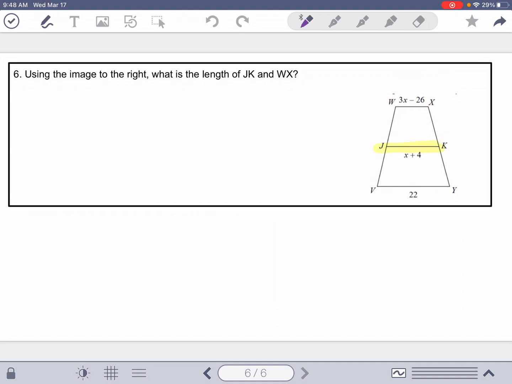So when I have an isosceles trapezoid, this median, remember this is the median, is going to equal 1/2 of the top plus the bottom.